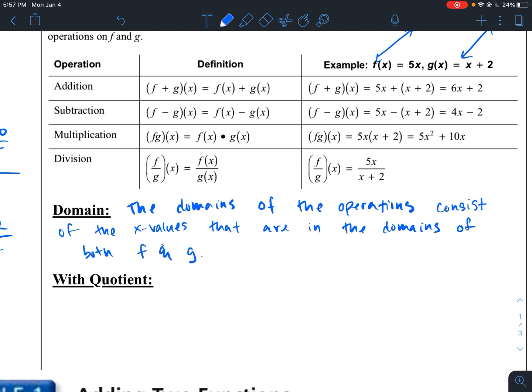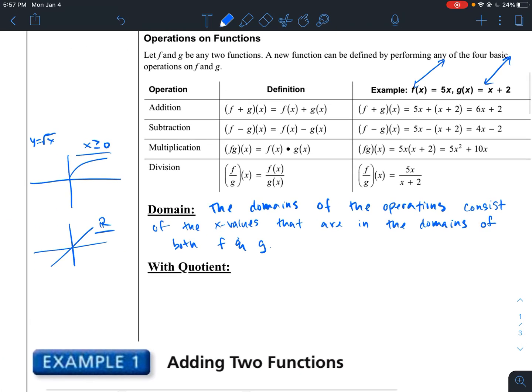Basically, you have to take into account both domains. So if we were to add these two together, the domain would still have to be x greater than or equal to 0. Even though the other is all real numbers, one of the functions states that x has to be greater than or equal to 0.